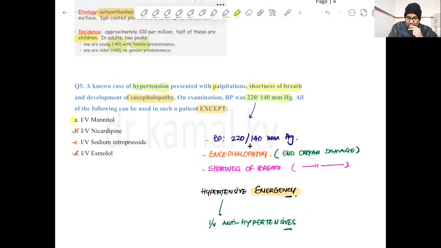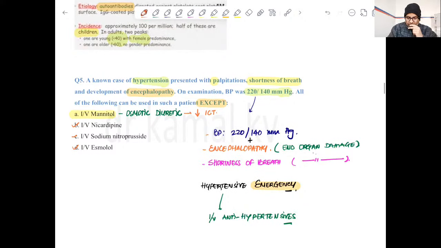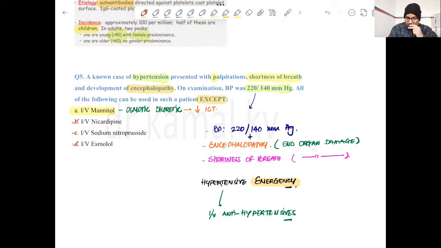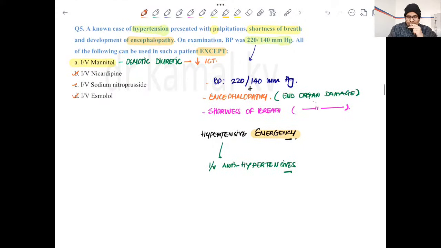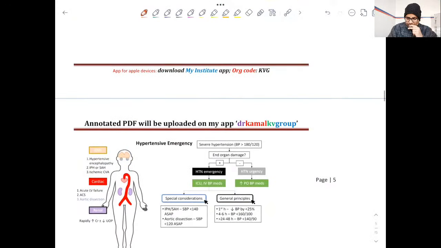Now this mannitol is not an antihypertensive, this is actually an osmotic diuretic agent, and this is specially used to reduce intracranial tension, right? So it has nothing to do with reduction of blood pressure, right? So here the answer will be intravenous mannitol, and this is a classical case of hypertensive emergency.